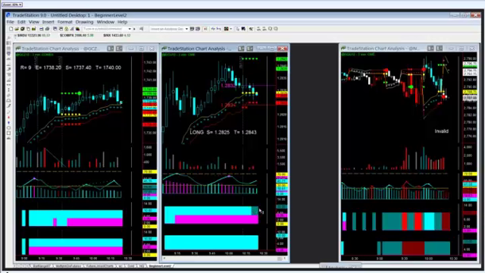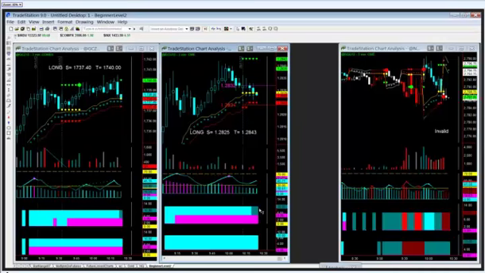What does that tell you? Magenta peak. That is correct. And that means, again, you will probably be stopped out on this trade. We knew that ahead of time because we knew that the ADX was at 69 on the 12-minute chart.